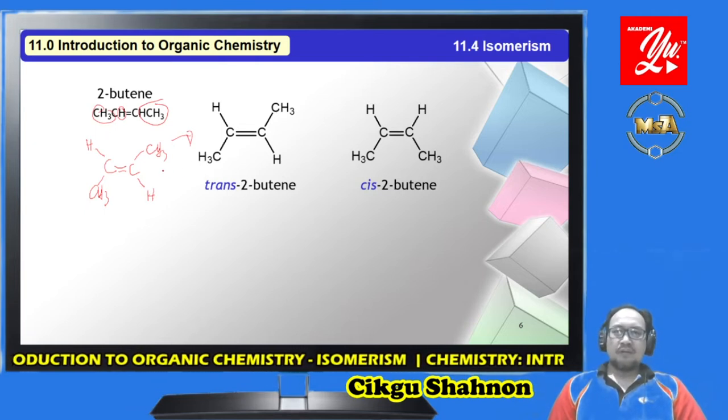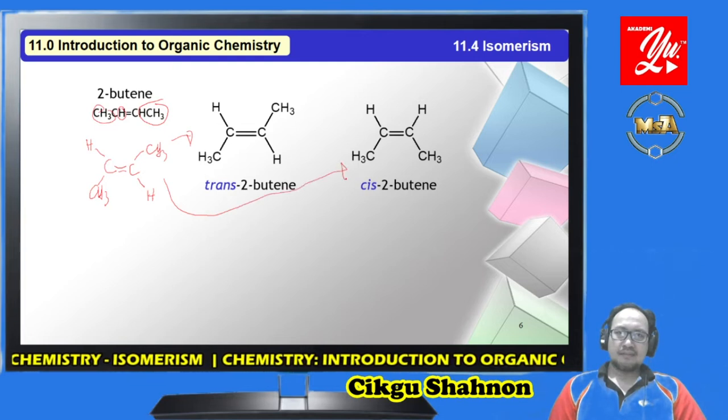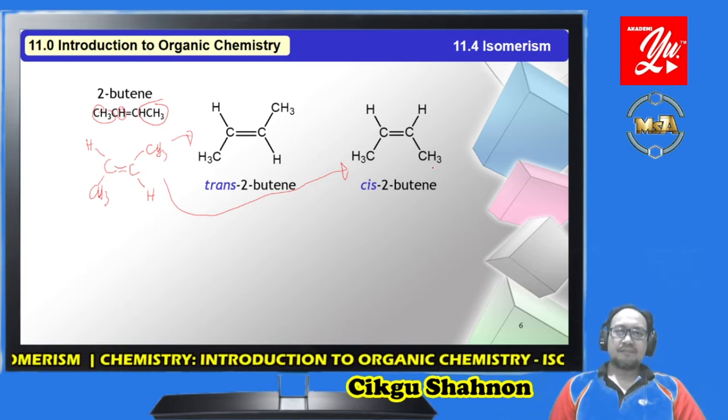And we have another option. The option is I want to change H up here and CH3 here. So it will become like this. H on the top and CH3 on the bottom.